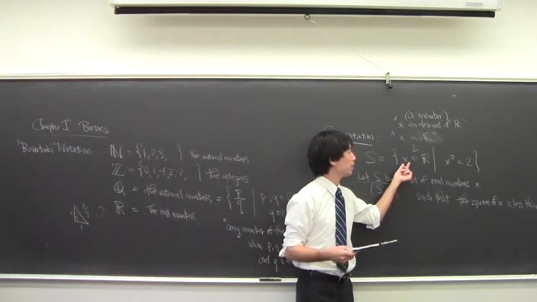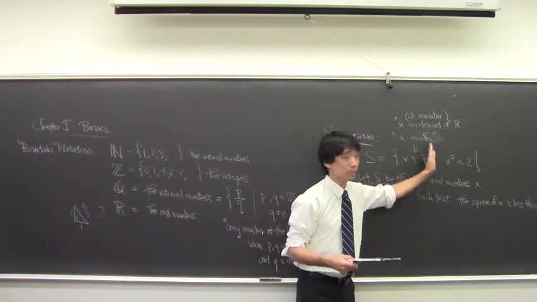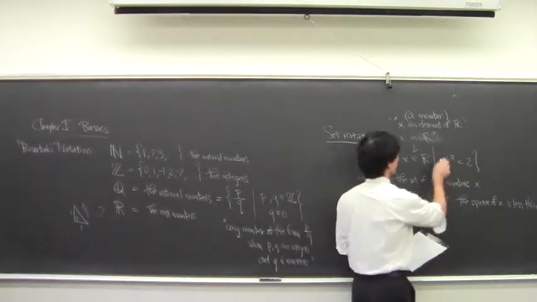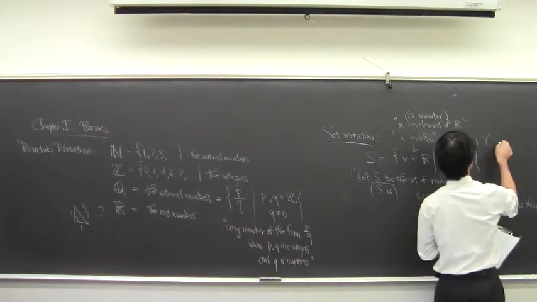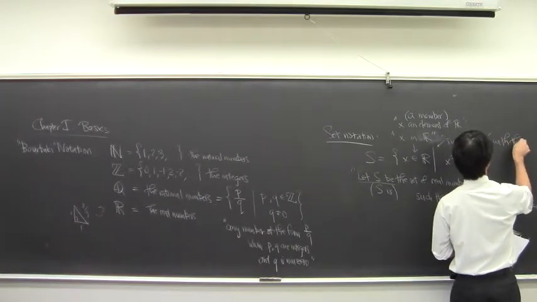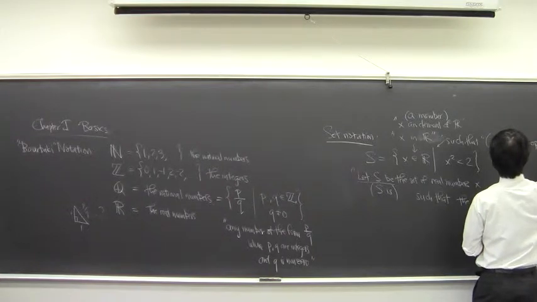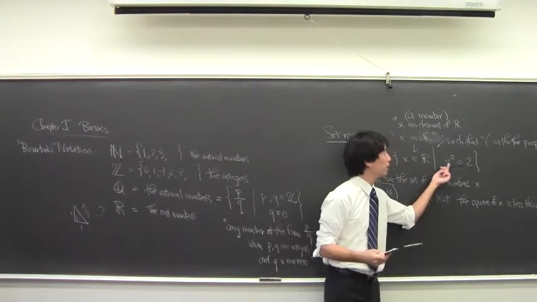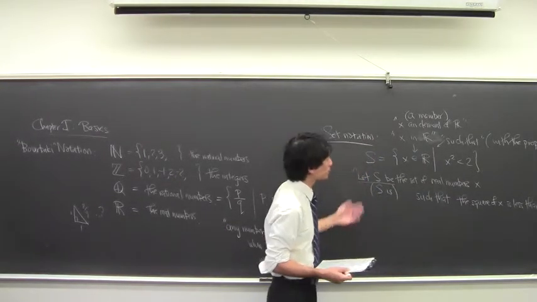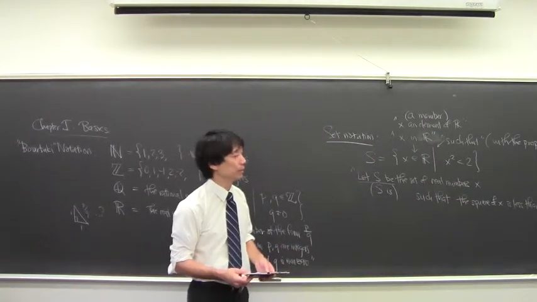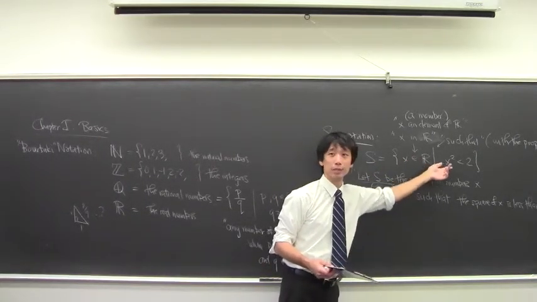So we're looking at all x's that are members of the real numbers, such that, so this bar is read such that, and basically it means with the property that x squared is less than 2. So that's how you read this sort of thing. S is the set of real numbers whose square is less than 2.